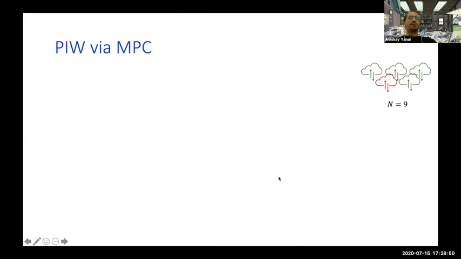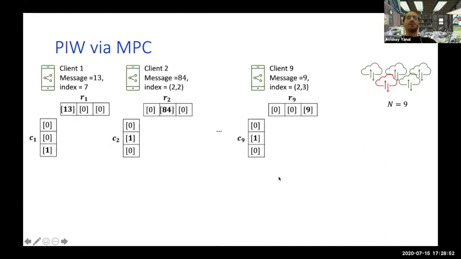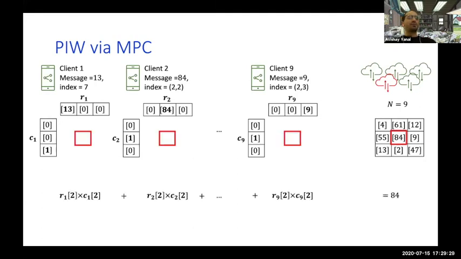So let's recall our example from before. We have 9 clients, each with its own row and column vectors. Now, suppose that by magic, each client picks a different location for its message, so there are no collisions. Now, we take a different angle on the secure computation that the servers have to perform. Instead of performing a secure computation for each client individually, they perform a secure computation for each entry of the global table. For example, for the entry 2,2, the servers compute that entry on the matrix for each client and add all results.